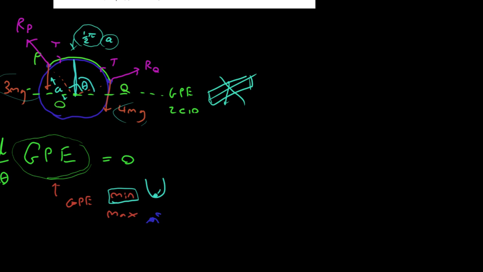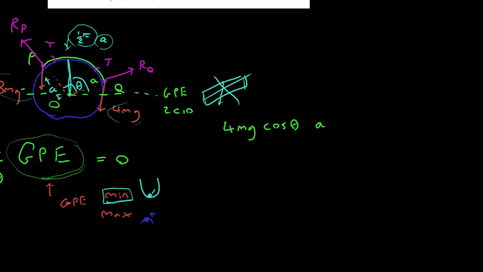So if you notice the height there for Q, that's just going to be 4mg, times, I think that's going to be cos theta, times a. So that is going to be 4mg a cos theta. Okay. And then similarly for P, we know that angle there is actually 90 minus theta. Sometimes I like to write that as theta complement, rather than writing pi over 2 minus theta and all that stuff.